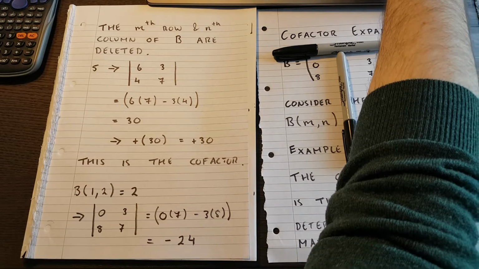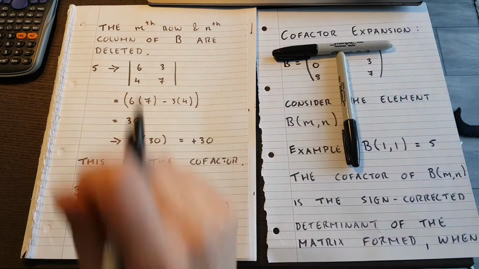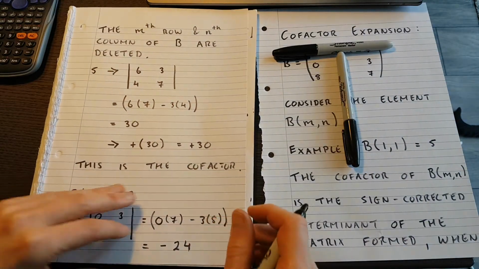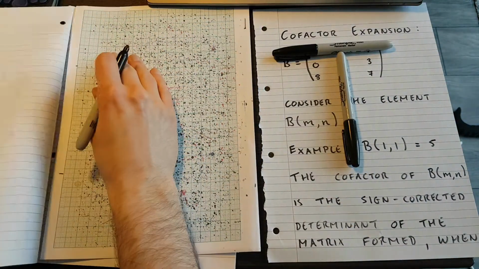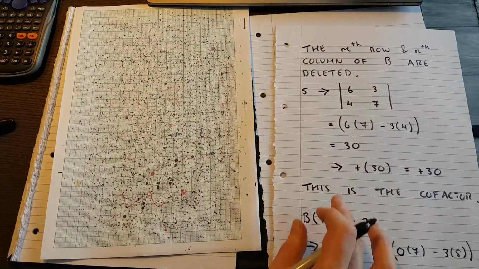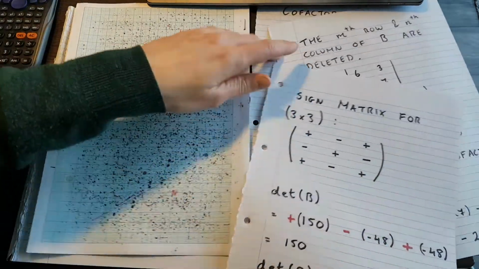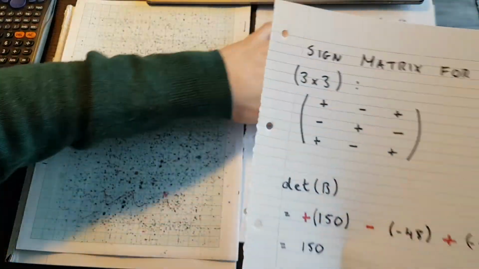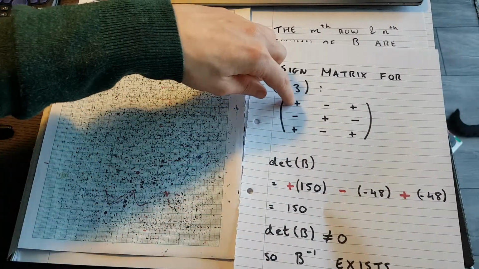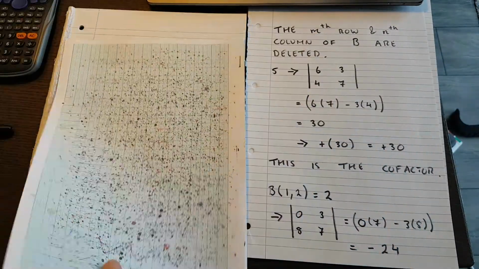But now I need to sign correct according to the sign matrix. This is in the first row, second column, and we can see from the sign matrix we had earlier that first row, second column gets a minus sign.